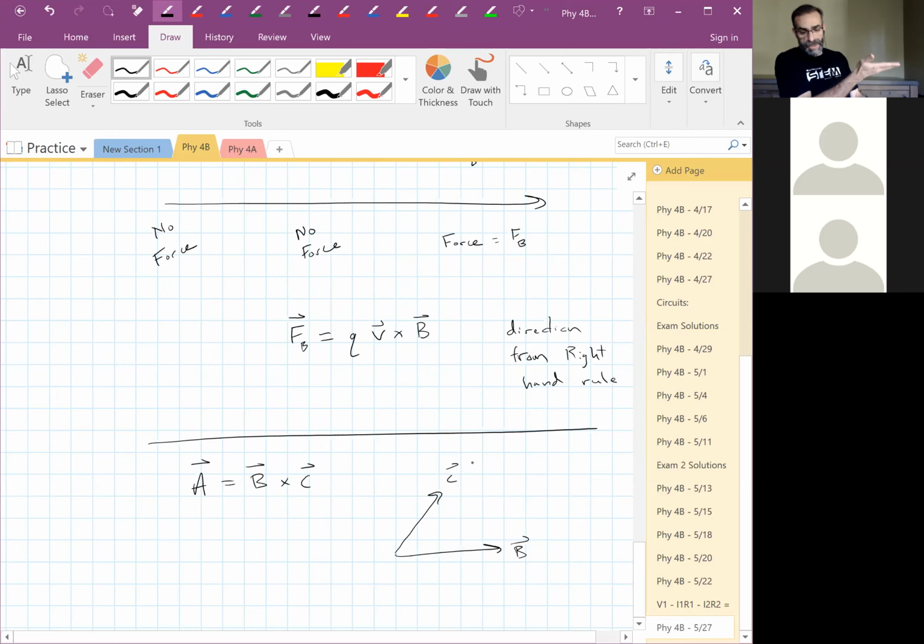Then I roll them towards C. I pick the angle that's less than 180 degrees, roll them towards C, and my thumb points perpendicular to both B and C, perpendicular to the plane defined by B and C, and it points in the direction of the cross product, B cross C. So B cross C points toward you, toward the camera. If I'm writing it on paper here, I would say A points out of the page.